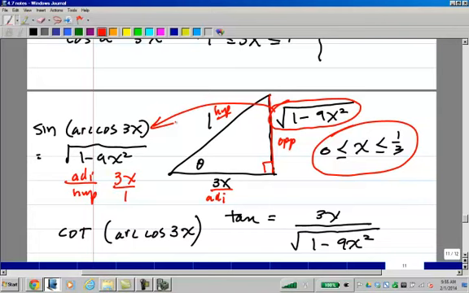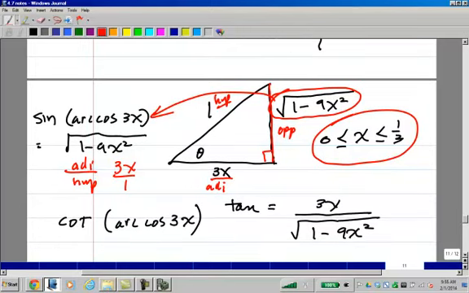Now, the cotangent of the arc cosine of 3x. Okay, we're using the same triangle. The cotangent is adjacent over opposite, right? So it's going to be adjacent, which is 3x, over the square root of 1 minus 9x squared.